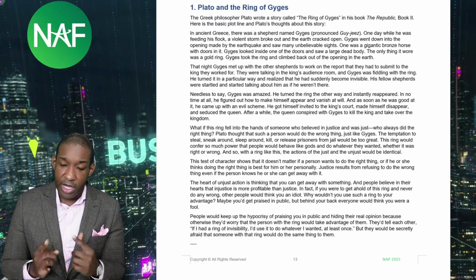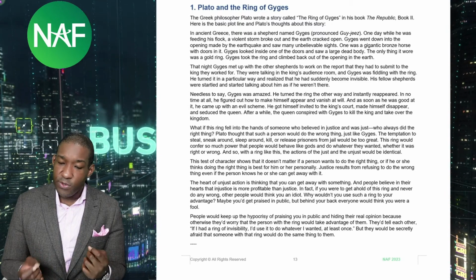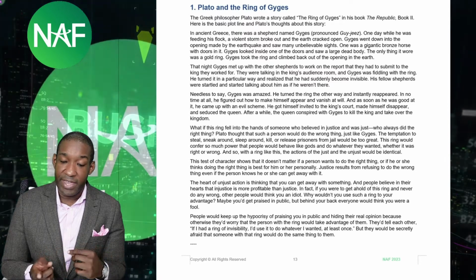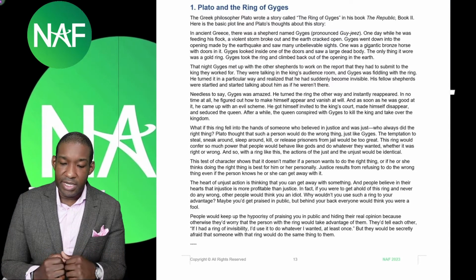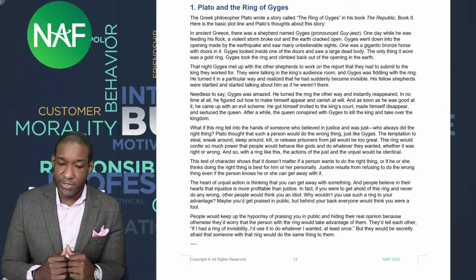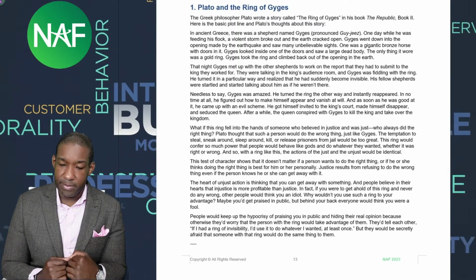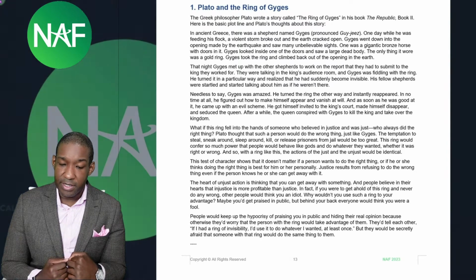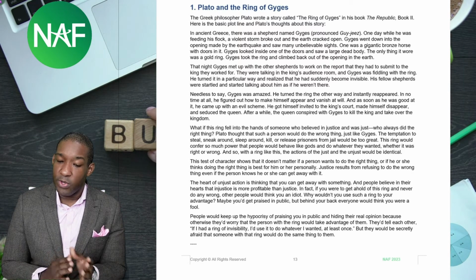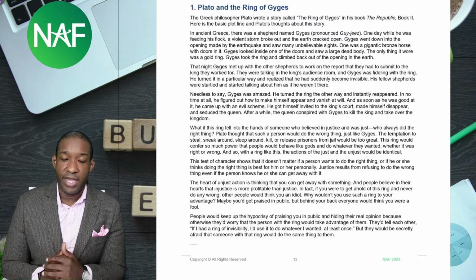He turned the ring the other way and instantly reappeared. In no time at all, he figured out how to make himself appear and vanish at will. And as soon as he was good at it, he came up with an evil scheme. He got himself invited to the king's court, made himself disappear, and seduced the queen. After a while, the queen conspired with Gyges to kill the king and take over the kingdom.